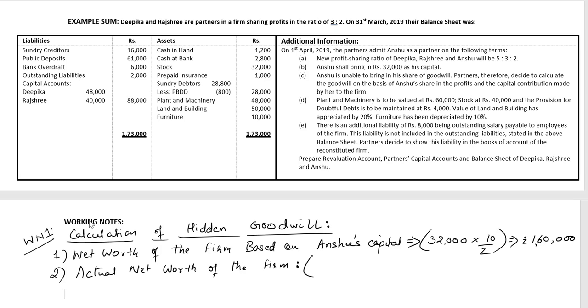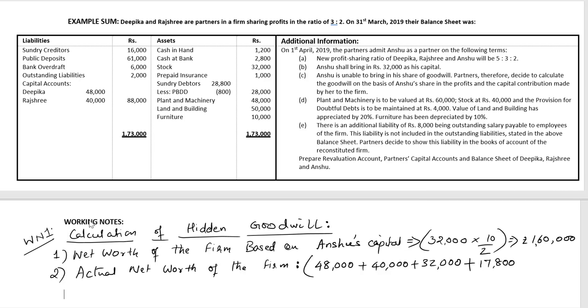We'll begin by taking capital of Deepika 48,000 rupees plus the capital of Rajshri 40,000 rupees plus the capital of the incoming partner 32,000 rupees, and also we need to add the gain on revaluation, which is 17,800 rupees, the gain which we arrived at in the revaluation account.